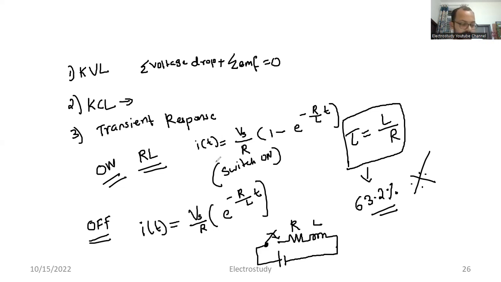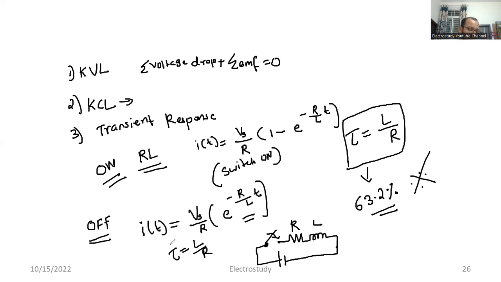I think you are understanding. In the off condition, how do we define tau? Tau will be the same, L by R. Here you can note down the definition. In the off condition, there is a decay; the current decay will take place.